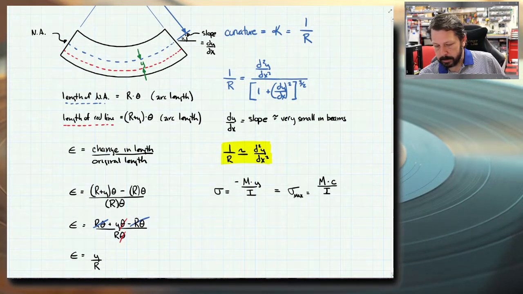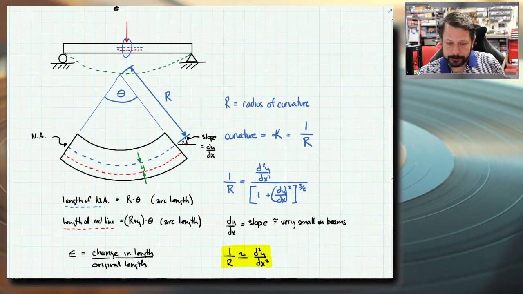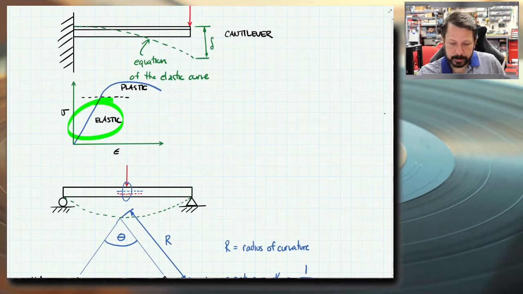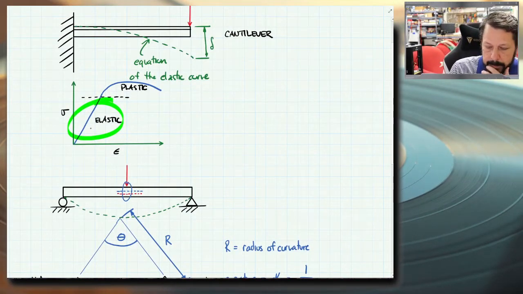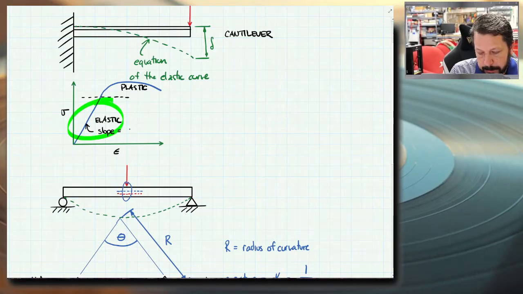Okay. Now I've got another concept from way back at the beginning. Remember this elastic region, the slope here would be sigma over epsilon.